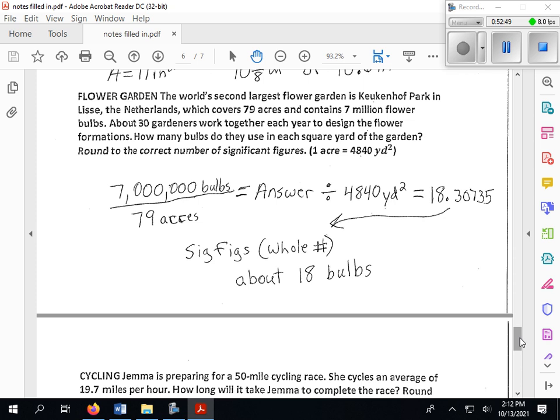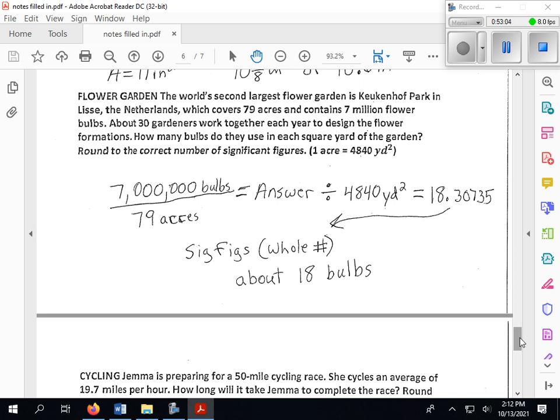About 30 gardeners work together each year to design the flower formations. How many bulbs do they use in each square yard of the garden? Round to the correct number of significant figures.